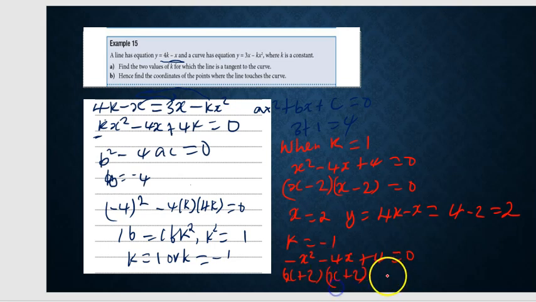By solving, x is equal to negative 2, or x is also negative 2. So if x is equal to negative 2, y equals 4k minus x.